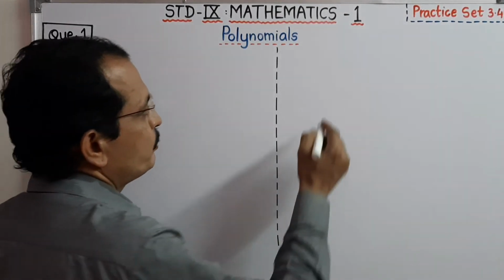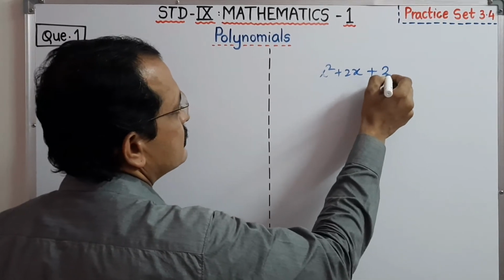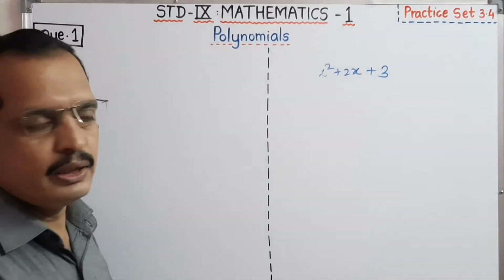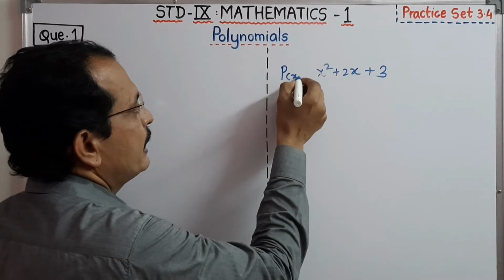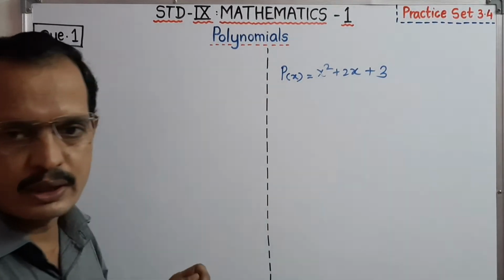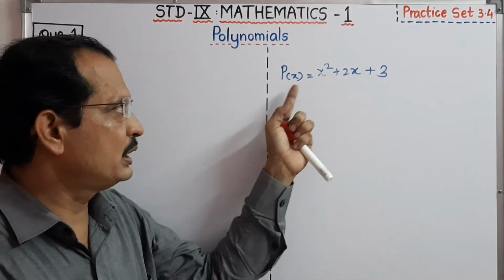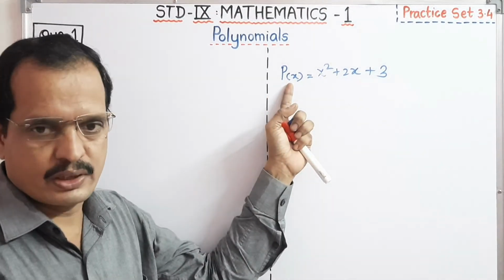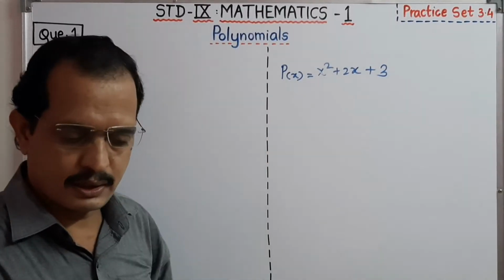Suppose one polynomial is given, x squared plus 2x plus 3. Suppose I give the name of this polynomial p(x), as all of you know that p is the name and this polynomial is in the variable x. Therefore p(x) is equal to x squared plus 2x plus 3.